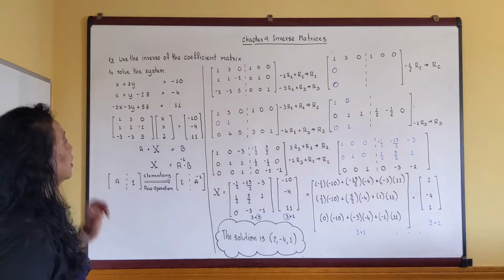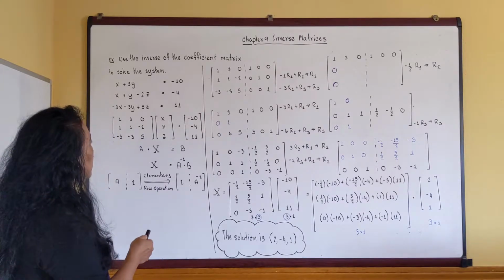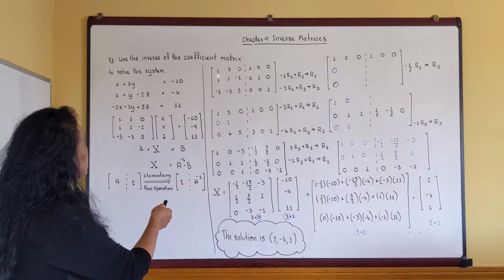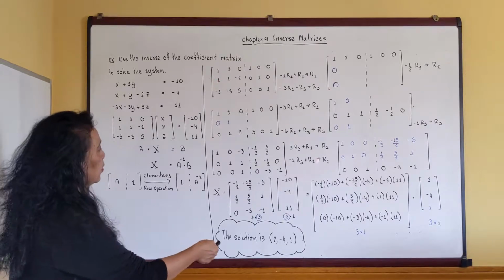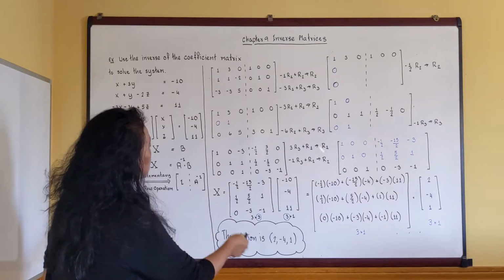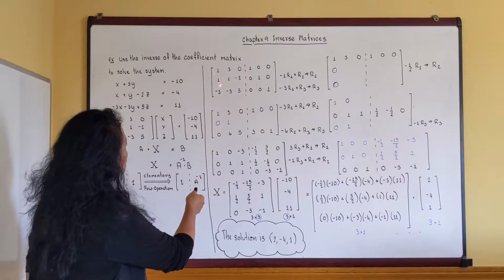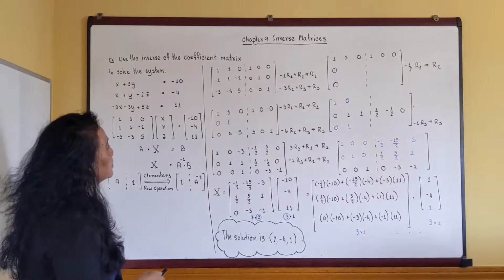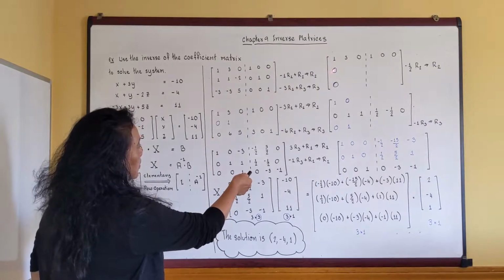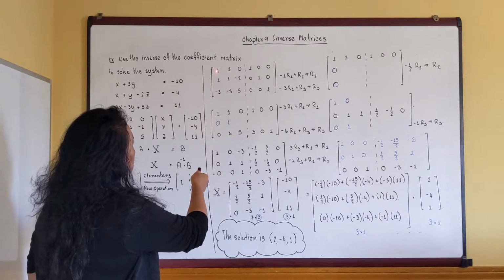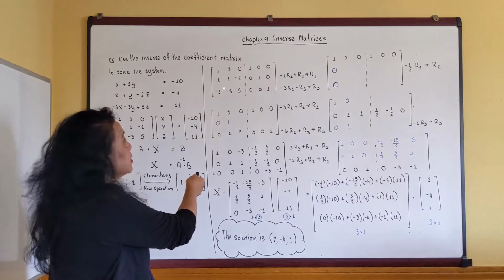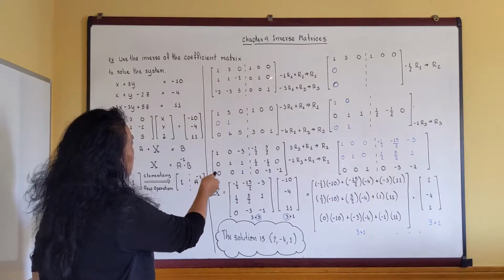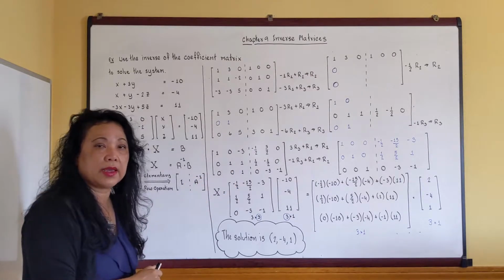So my goal, first step, is to have 0 here, here, and here. To get the 0 on this spot, if I multiply the first row by negative 1 and add to the second, replacing the second row by the result, I will have the 0 there.